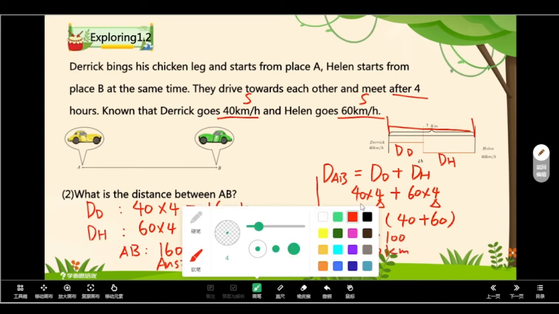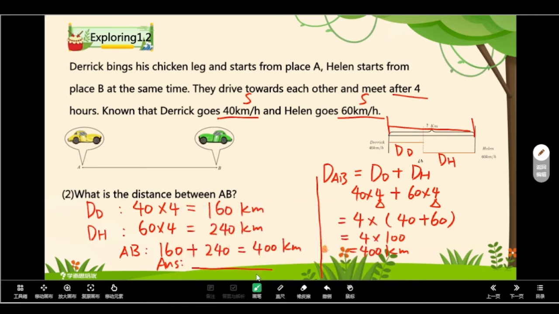And let us observe the formula carefully. What is the meaning of 4? Yes, 4 is the total time that they have used, right? So what is the meaning of 40 plus 60? Yes, this is the speed of Derek plus the speed of Helen.